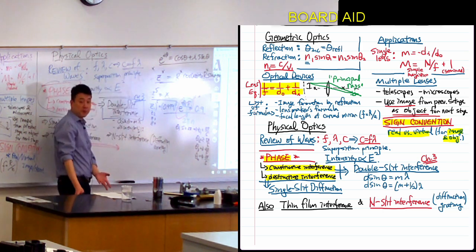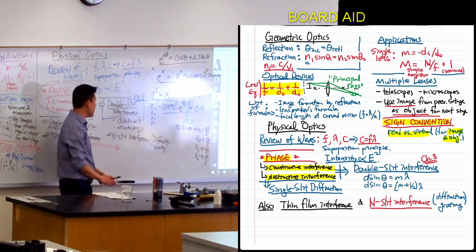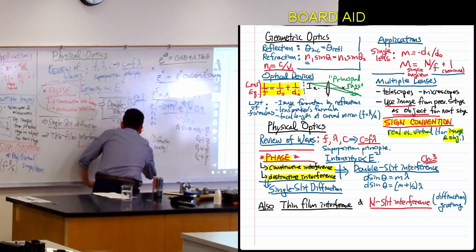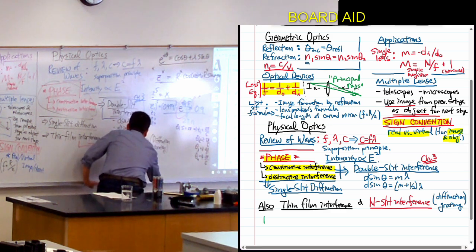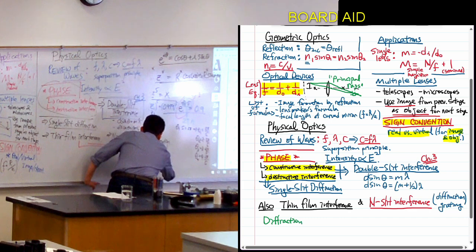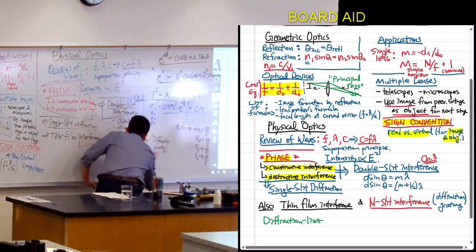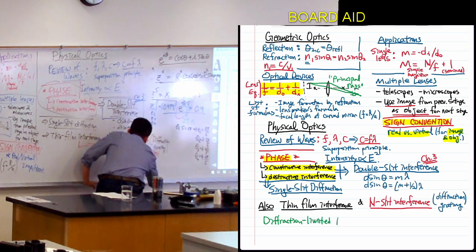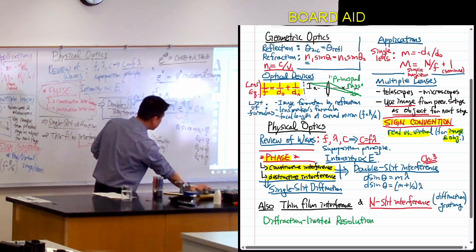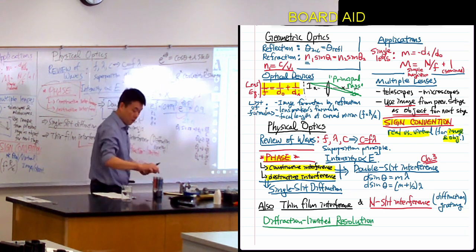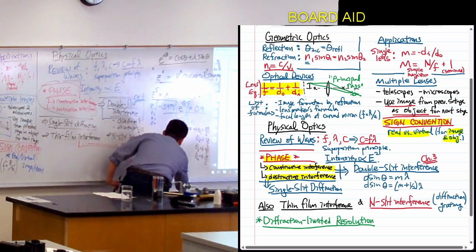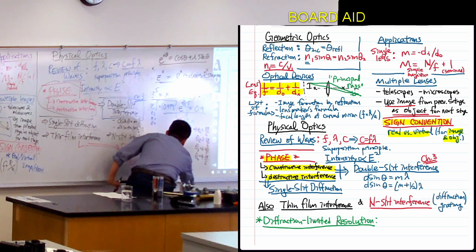This is important for an experimentalist, and it's conceptually important as a recurring theme in this class. It's diffraction-limited resolution. It's in your textbook as circular aperture and resolution. Or if you are looking for a single thing to remember, it would be the Rayleigh criterion.